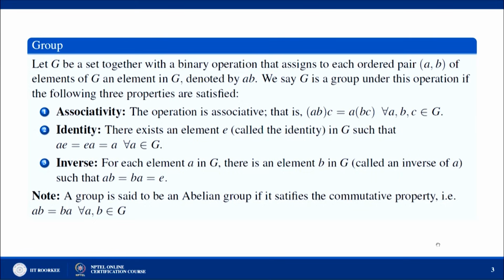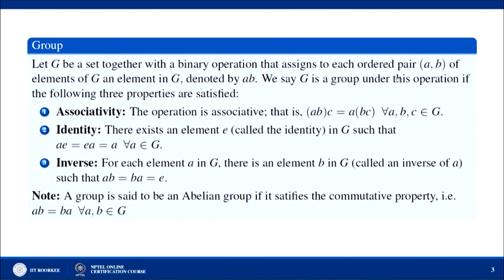Now, come to group. When we say that a set is a group under some binary operation. So, let G be a set together with a binary operation that assigns to each ordered pair A comma B of elements of G an element in G denoted by A into B or AB.